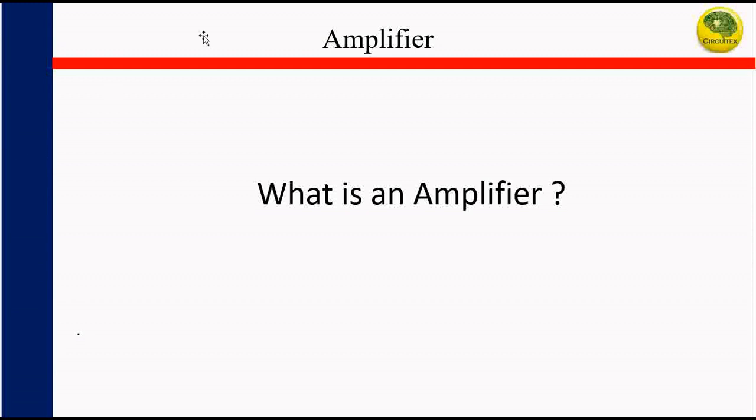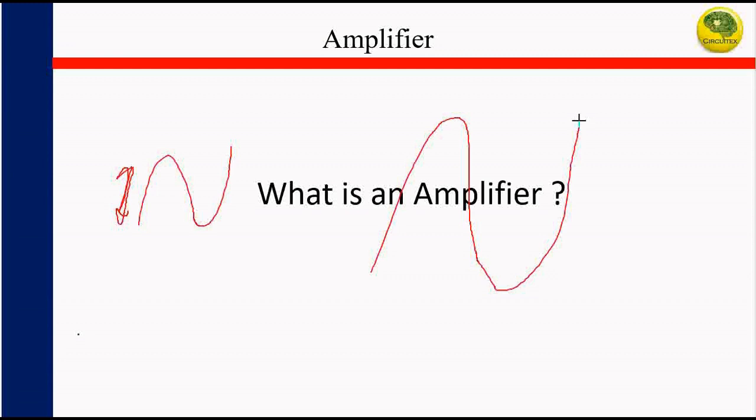Let us assume we have a very small amplitude signal. In order to increase it to a very high amplitude signal, we need to transfer this through an amplifier. The amplifier has a property to increase its magnitude or amplitude, keeping the frequency constant.